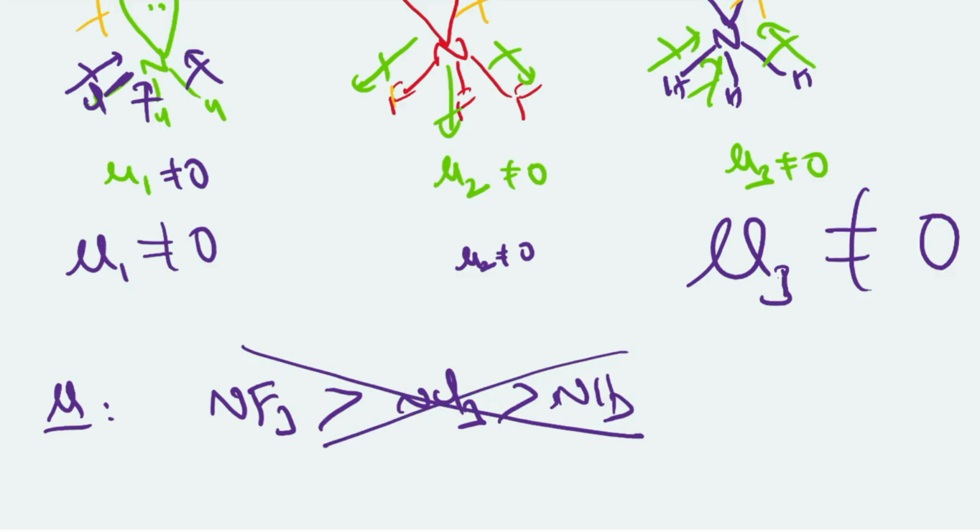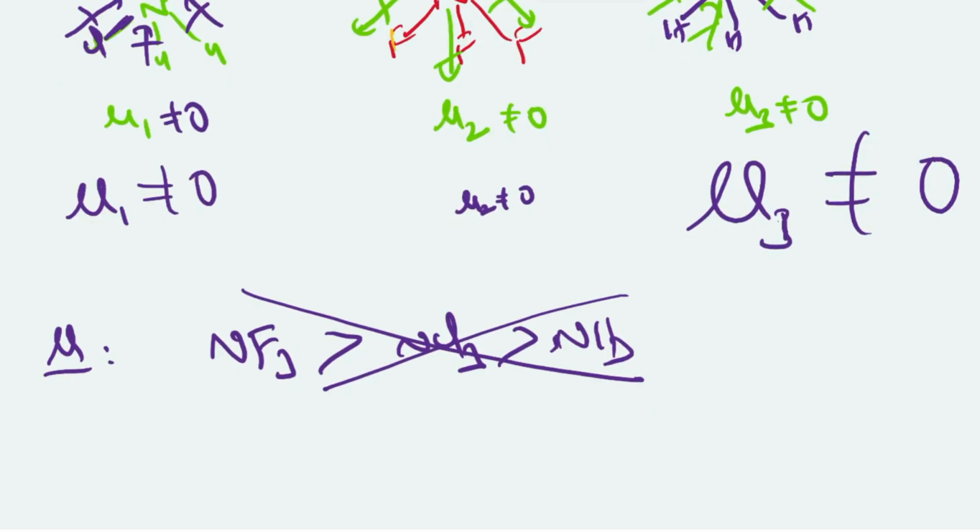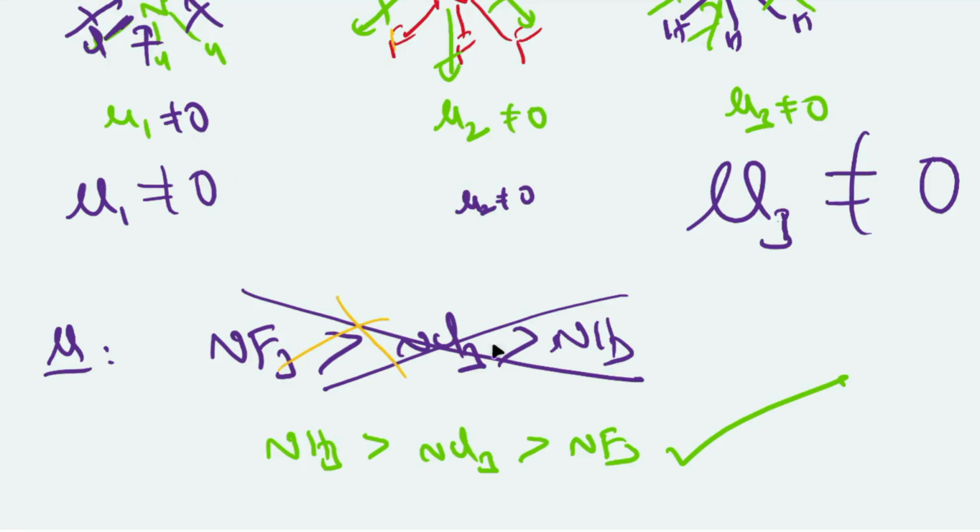Based on the cancellation, you check, that will give the correct answer. The topmost is the last one, ammonia, and the next is NCl3, least is NF3. This is the correct order; the above order is wrong.